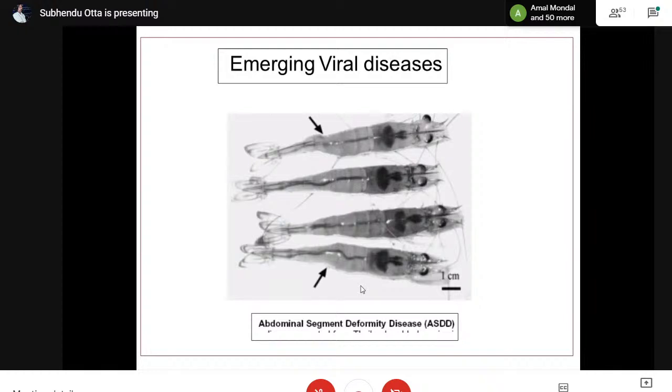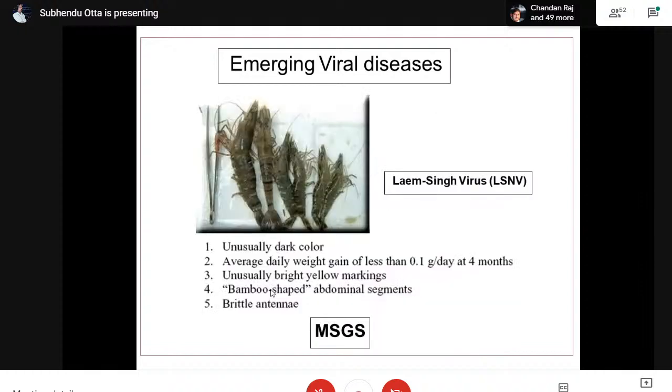One of those is abdominal segment deformity disease caused by a virus. This was reported by a group in Thailand. They found that all these shrimps carry a virus, and they were able to reproduce the disease also, but further characterization or other research has not yet been done.